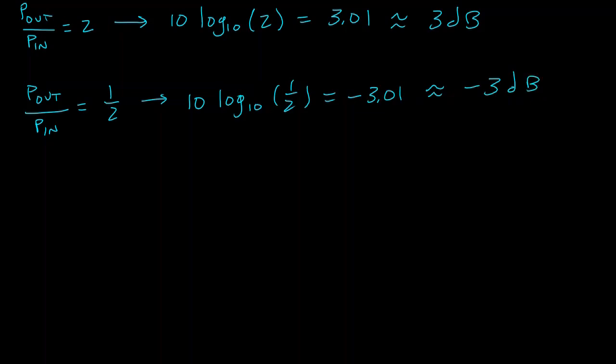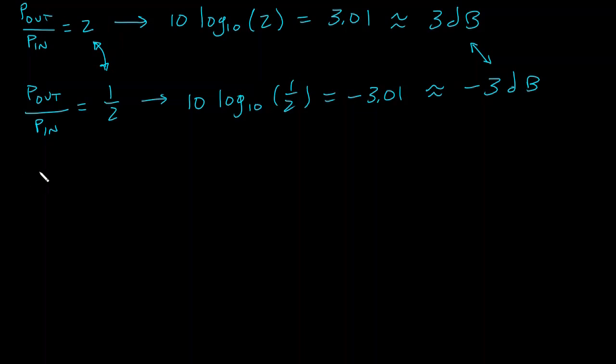So what we see is, if the unitless gain is the reciprocal, going from 2 to 1/2, then the gain in dB is going to be the same magnitude, but it's going to change sign. It's going to become the negative.